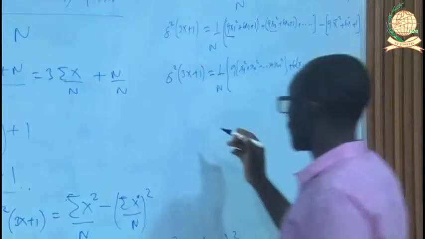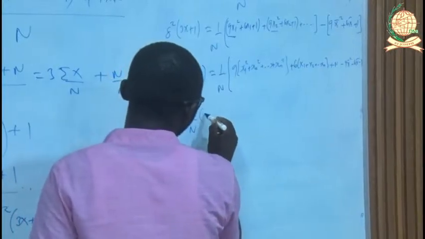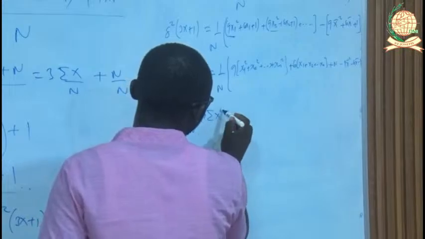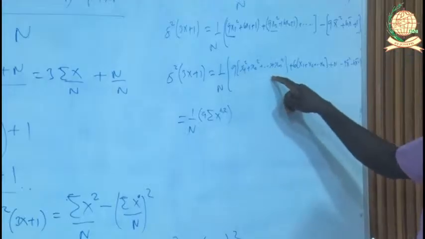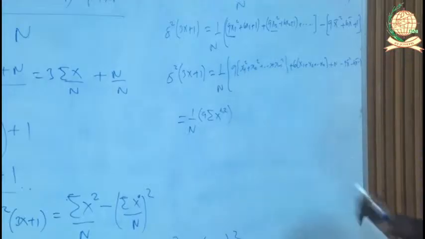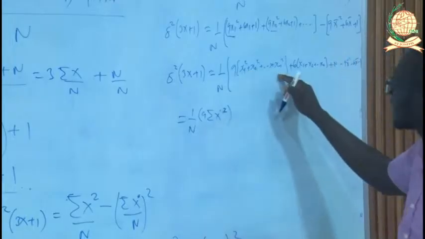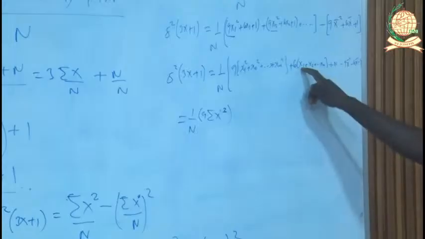So you can clearly see, dividing by n throughout, this is going to be 1 over n, then 9 summation of x squared. Be careful here. I have written the sum of squares of x's, because these are x's which are squared, then they are summed, and these are just sum of x's.